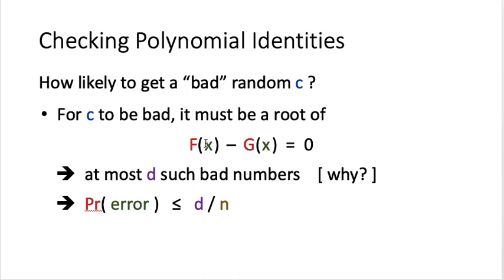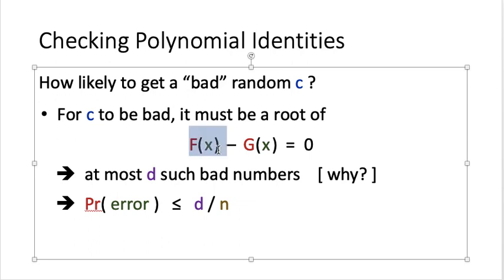So it has to be a root of this polynomial. And then we claim that there are at most d such bad numbers in the whole universe. The reason is that f is a polynomial with the highest degree d, and similarly g is a polynomial with the highest degree d.